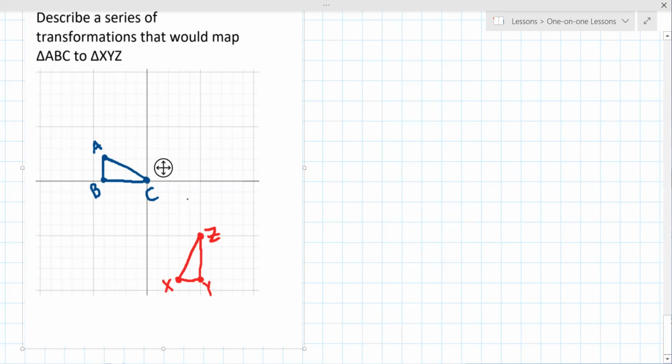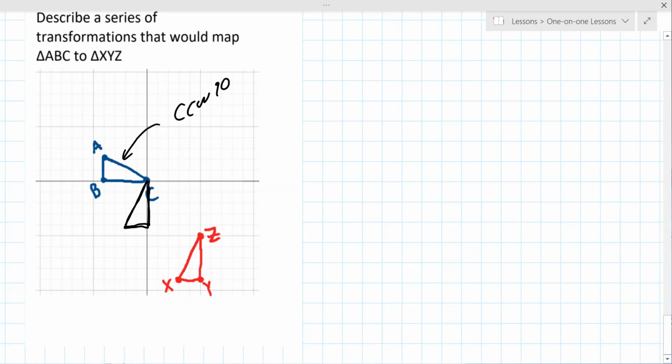Whenever you start flipping something, like let's say I flip it here, and then flip it here, at some point you're going to realize you've got to rotate to get this. So if you rotate it, going counterclockwise 90 degrees, I'm just shortcutting the work here, it's going to look like this.